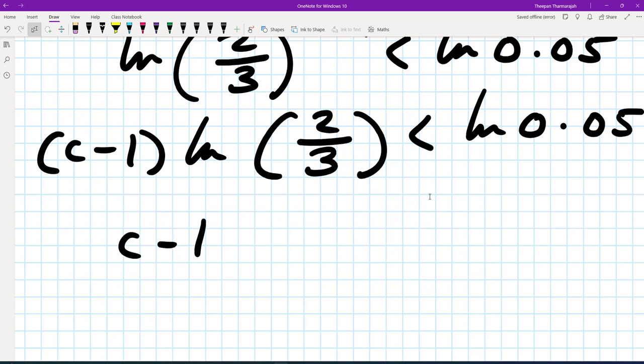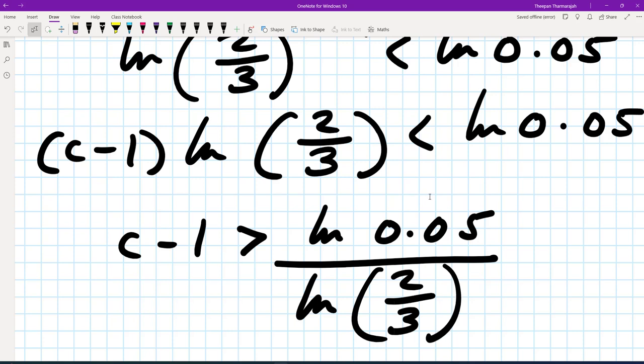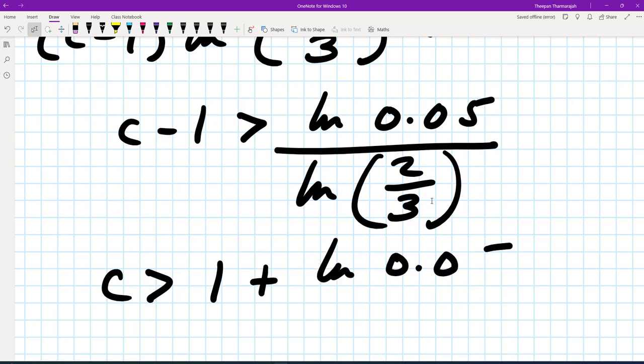So C minus 1 is going to be strictly greater than ln 0.05 over ln 2/3. So use a calculator now to obtain the full value. So it's going to be C is 1 plus this value. Just type it into our calculator, write the full display out.